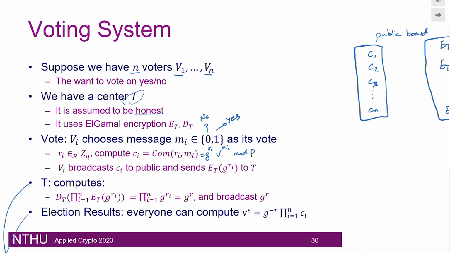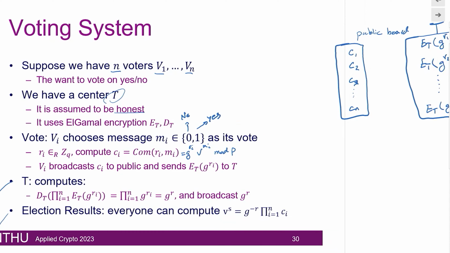The votes use a commitment scheme. This is the way the commitment works. For every voter Vi, we generate a randomness Ri, and they compute g to the Ri times v to the Mi mod p, and send this commitment, which is their vote, to the public board.